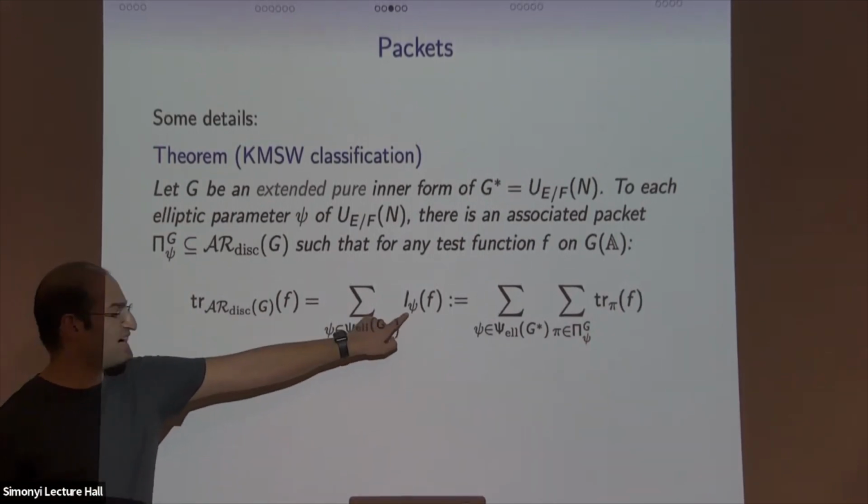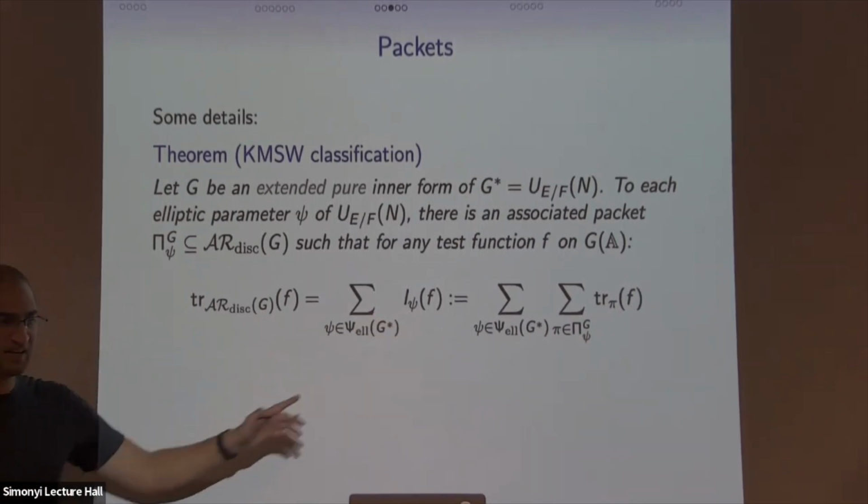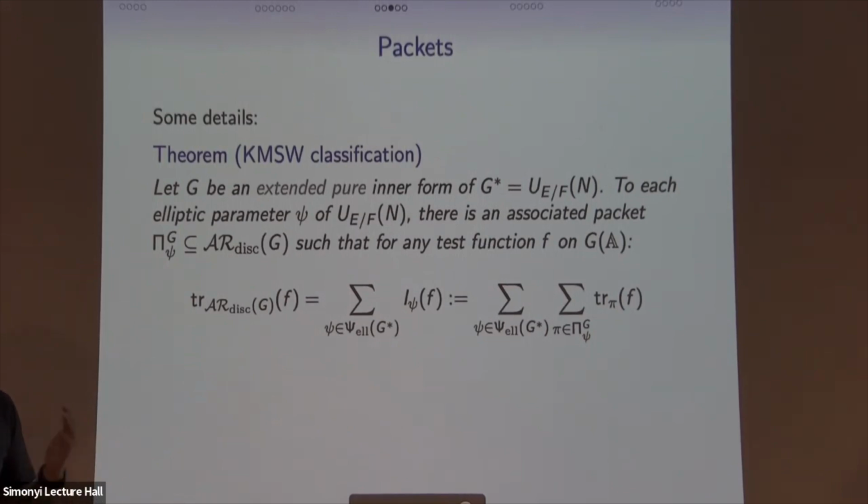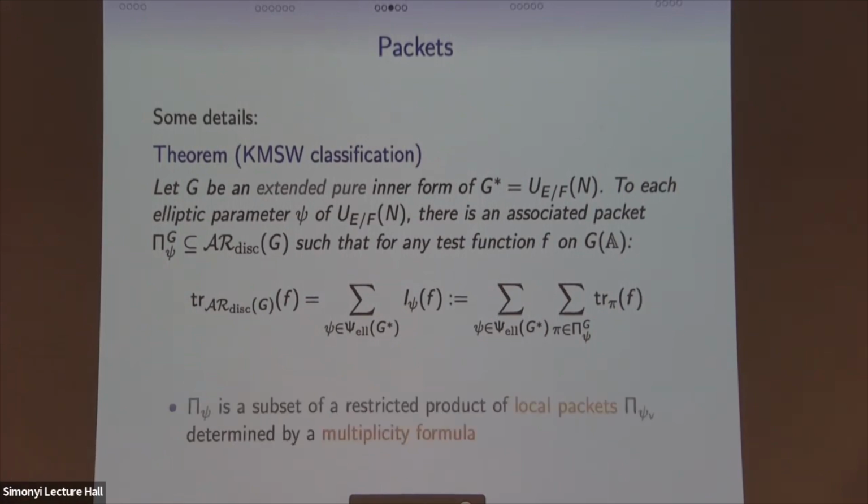Remember this I_psi over here, this is going to come up again. That's just the sum of the traces of a function against all representations in a given packet. This packet Pi_psi determined by psi is furthermore a subset of a restricted product of local packets Pi_psi_v determined by the psi_v's, and which subset it is is determined by something called a multiplicity formula, which I've mentioned before.